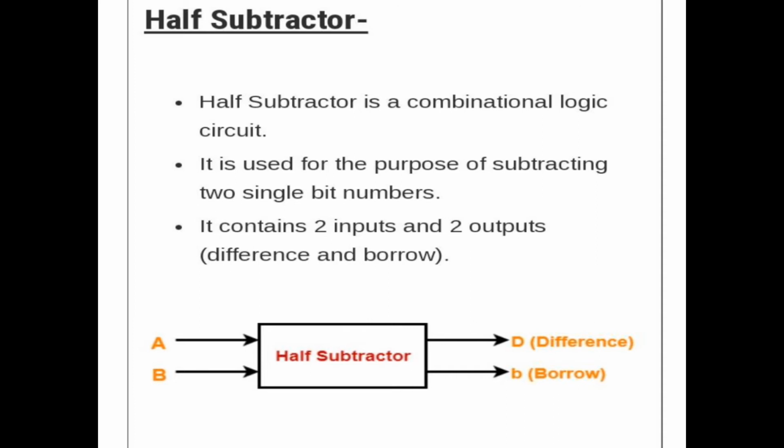So the first part of the discussion is the half subtractor. Half subtractor is basically a combinational logic circuit, as I already told you. Its basic purpose is the subtraction of two single bit numbers.